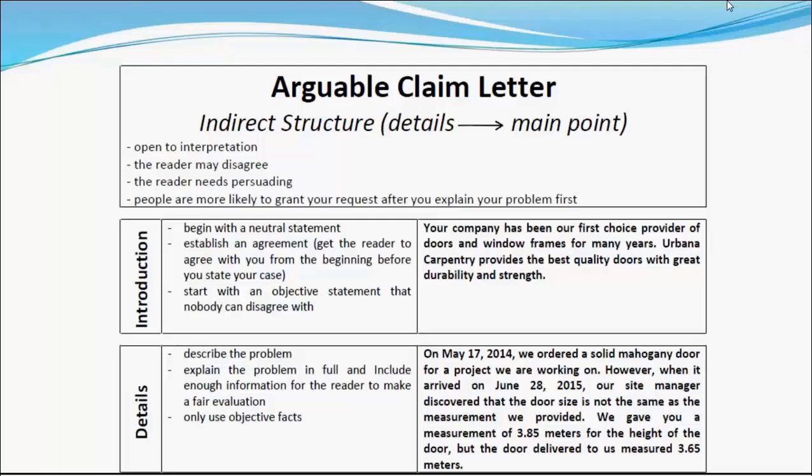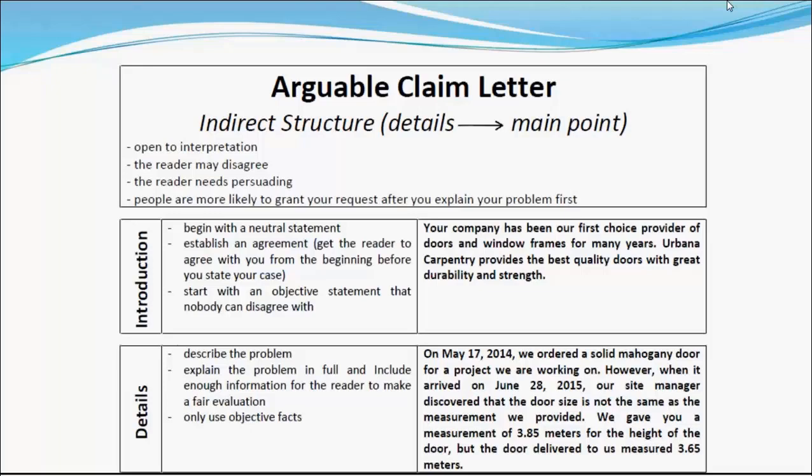On May 17th, now you're going to describe the problem. Giving details on what happened. Describe the problem. On May 17th, 2014, we ordered a solid mahogany door for a project we are working on. However, when it arrived on June 28, 2014, our site manager discovered that the door size is not the same as the measurement we provided.